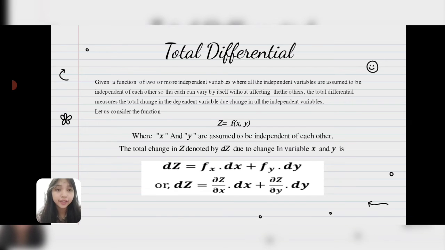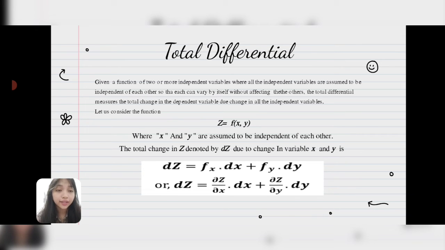So we can see the function there, z equals f(x, y), where x and y are assumed to be independent of each other. The total change in z, denoted by del z, due to the change in variables x and y, is given by the formula del z equals fx times del x plus fy times del y.